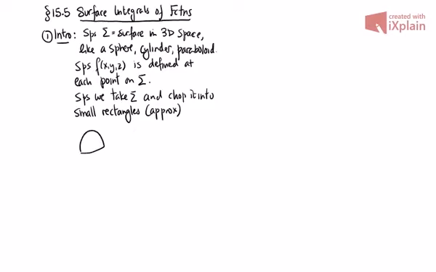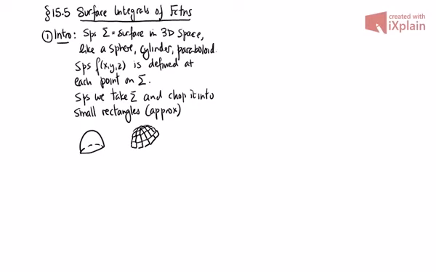So for example, if you had a paraboloid, you could chop it into small rectangular pieces. And again, we're thinking of this really informally. Don't worry if the rectangles don't match up. Just think, we're going to chop it up into pieces like this.